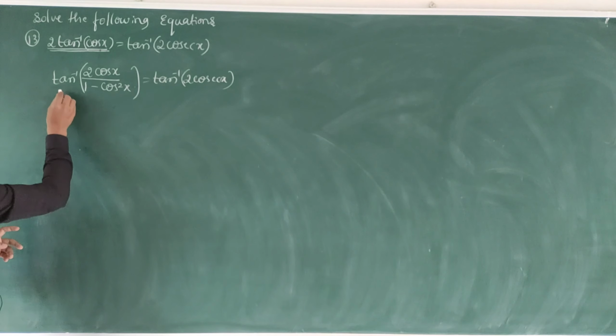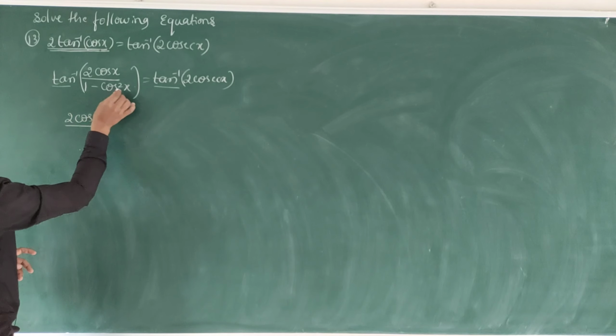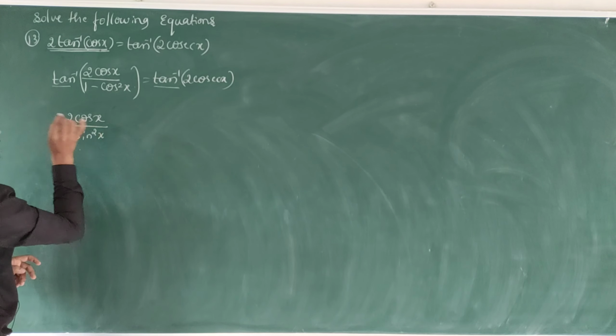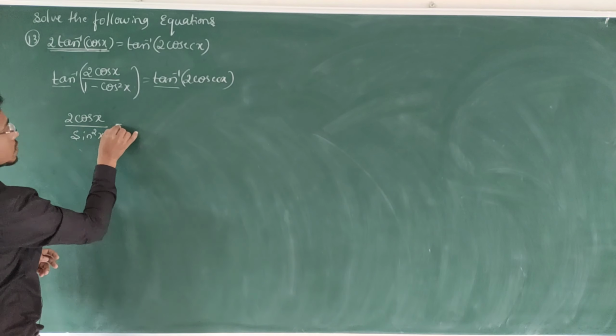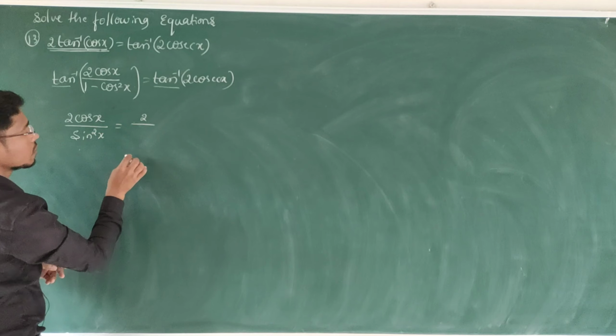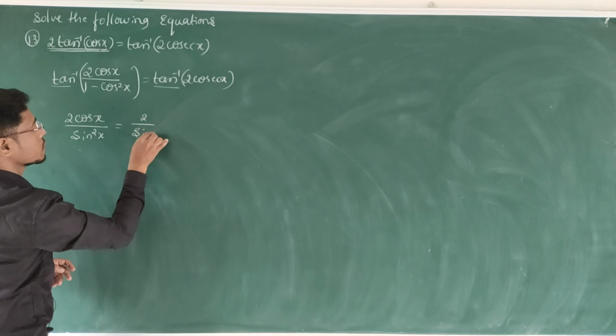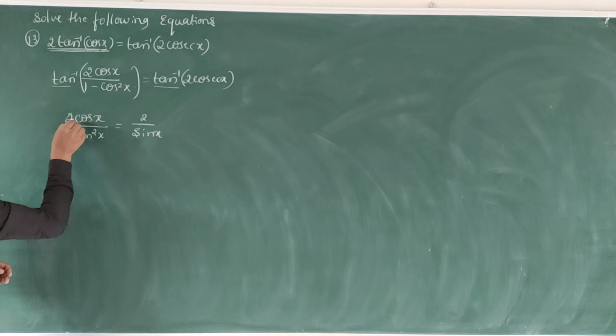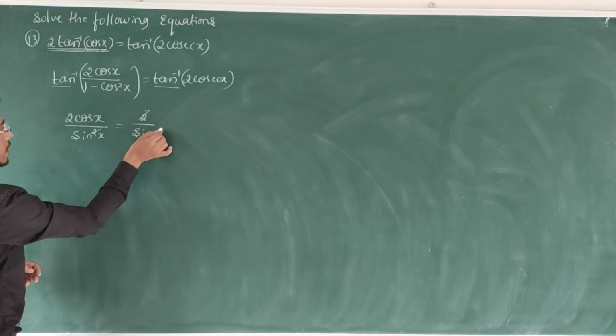So cancel tan inverse and tan inverse. 2 cos x upon 1 minus cos square x is sin square x. So this is equal to 2 cosec x, that we can write as 2 divided by sin x, since cosec x is equal to 1 by sin x. 2 cancels, one sin cancels.